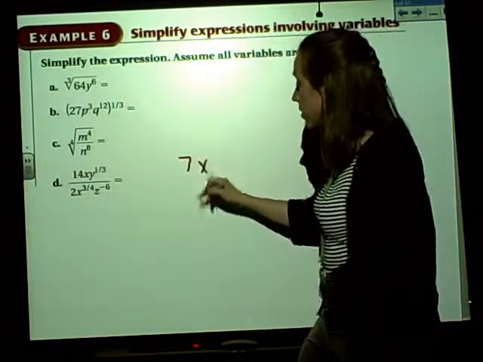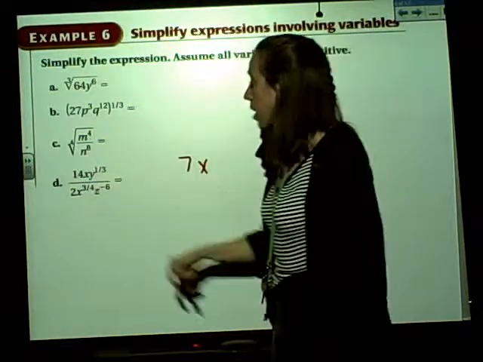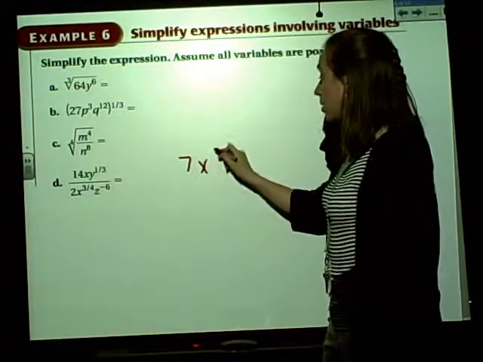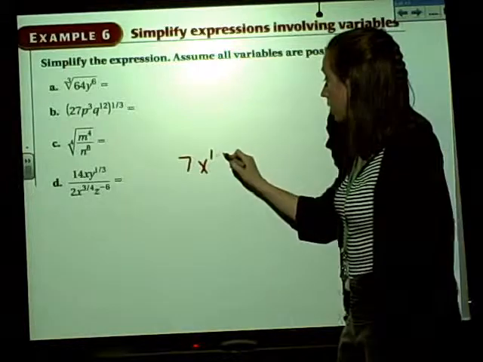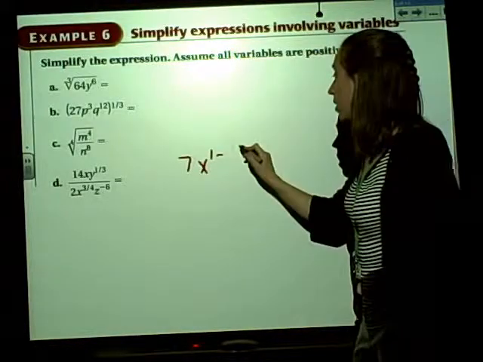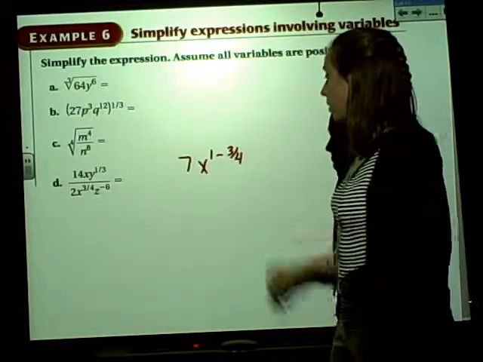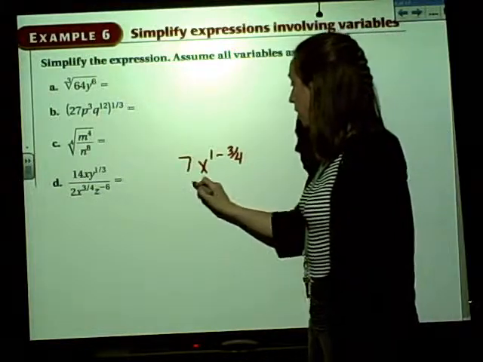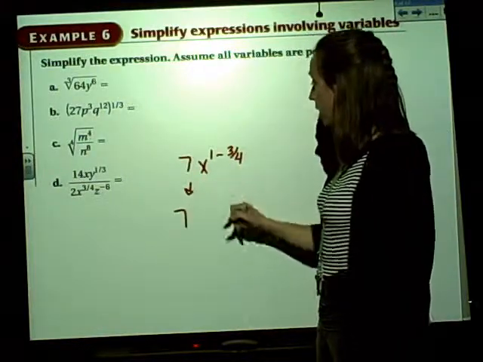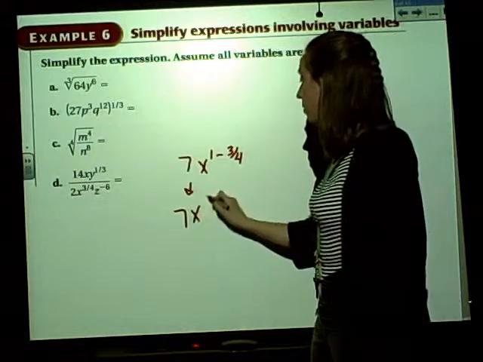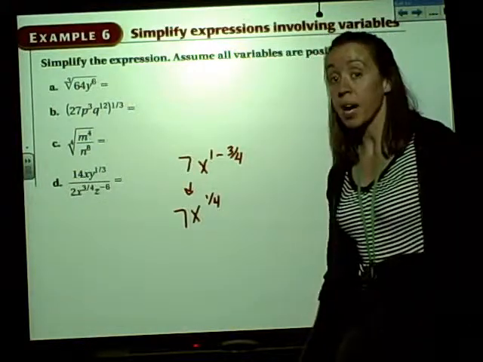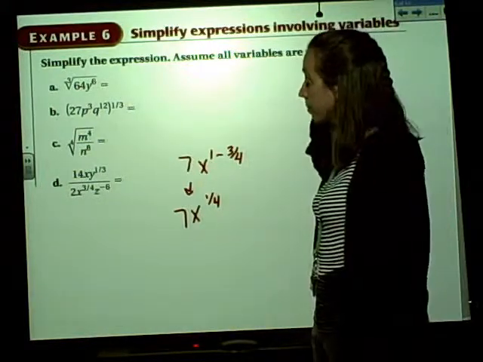That tells us to take our top exponent and subtract the bottom. So x to the 1st power, even though if it's not there, it's a 1, minus 3/4. That leaves me with 1 minus 3/4 is 1/4. And that's a positive, so it's going to stay where it's at.